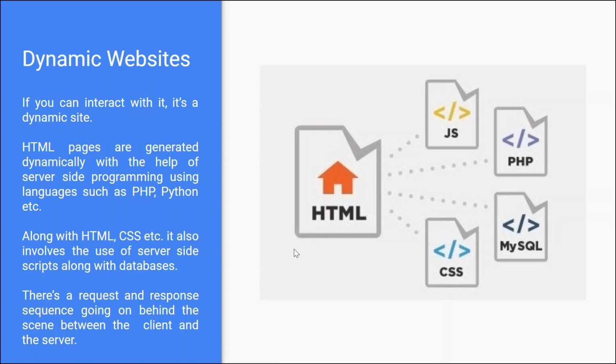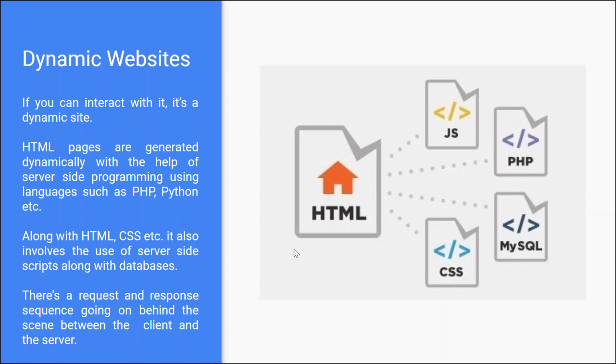So this is basically your dynamic website. Apart from the HTML pages, JavaScript, and CSS, you also have databases, and you have server computation, because every time you send a request, the server computes whatever computation is required and sends you the information in a response.